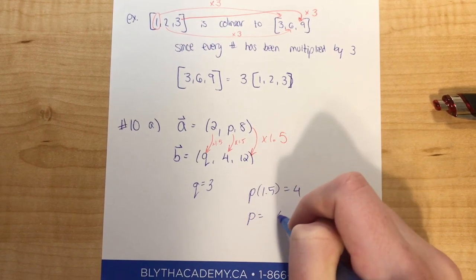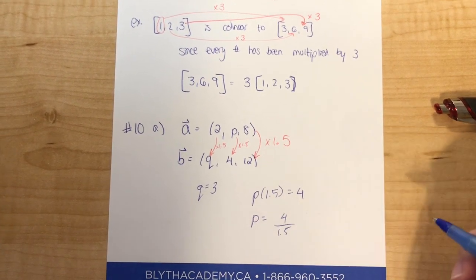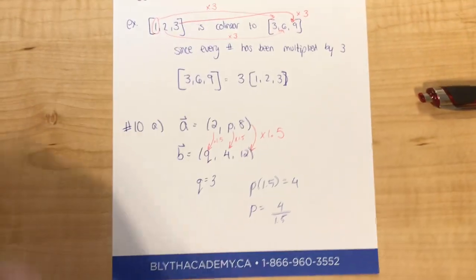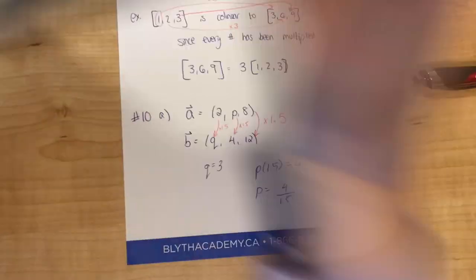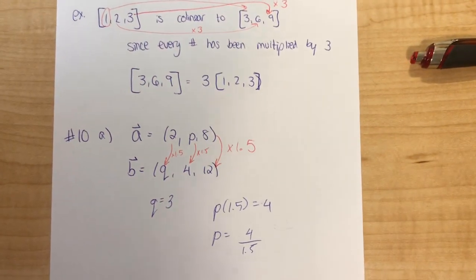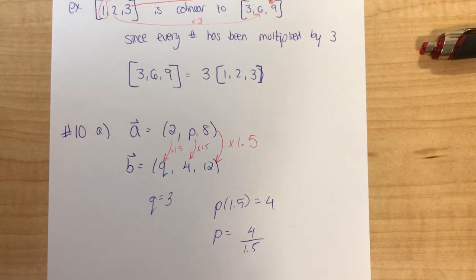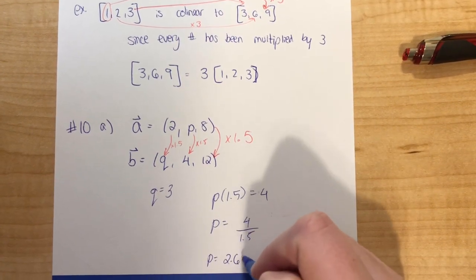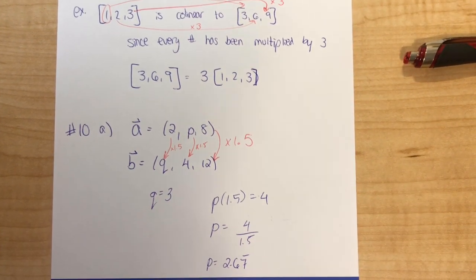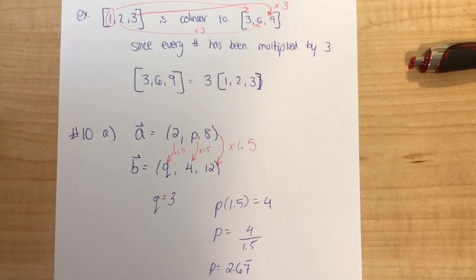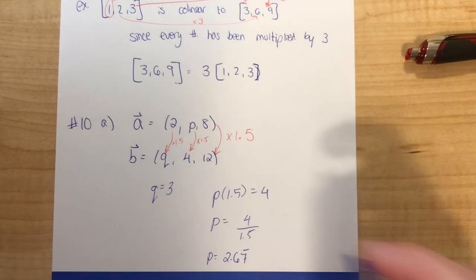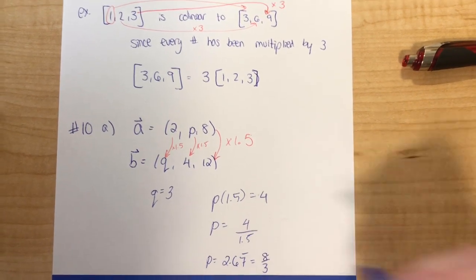So p should be whatever 4 divided by 1.5 is. So not the nicest number, but we can figure that out. Yeah, 2.67, it's pretty ugly. 2.67 repeating. Maybe that's a bit nicer as a fraction. Yeah, 8 over 3. That's a little bit better.